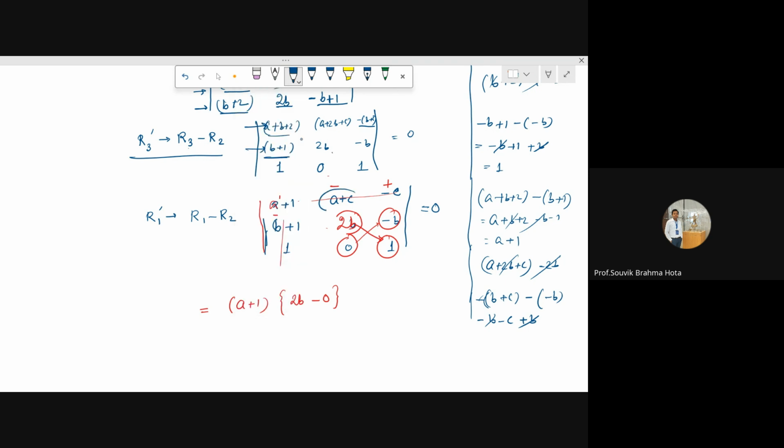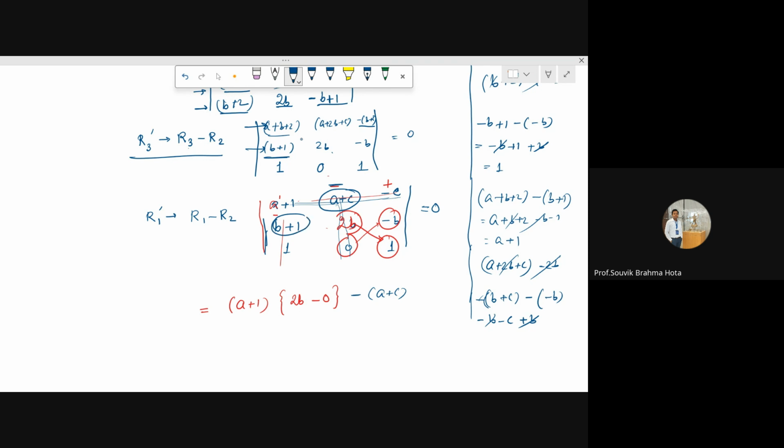This part. A plus c. So a plus c, before a plus c we have minus, so minus a plus c. Now once we get a plus c, what we should do immediately, just ignore that row and that column. That row and that column should be ignored. Okay, then what else will be there?